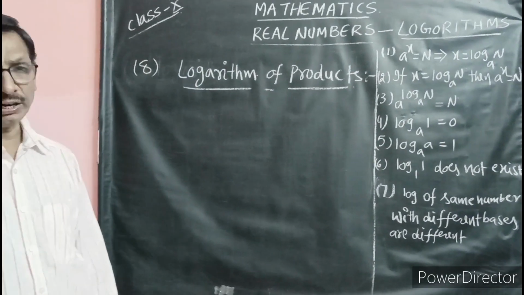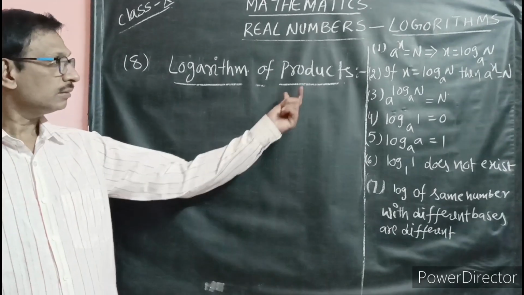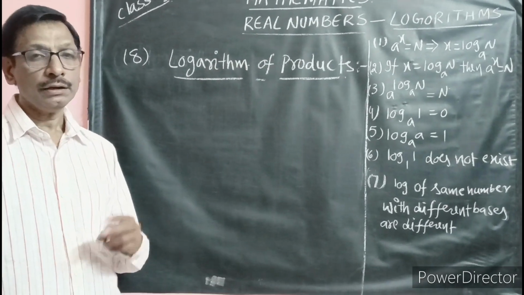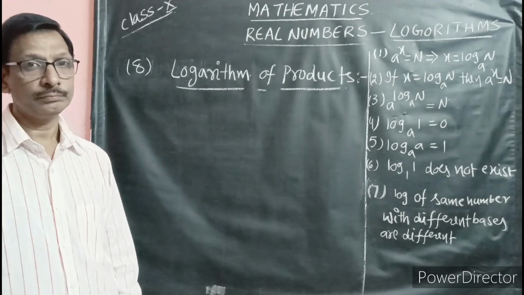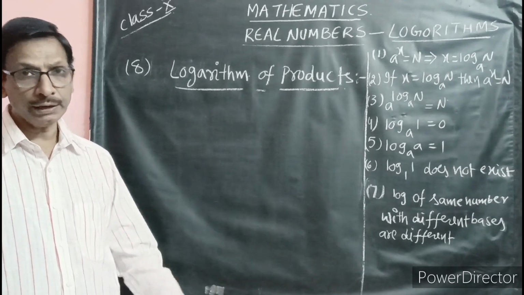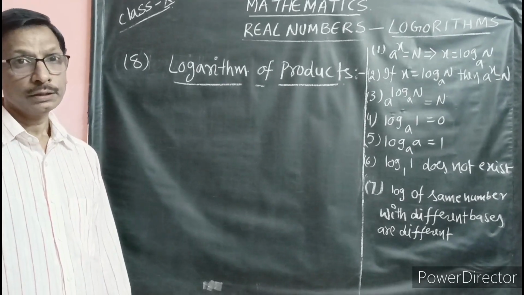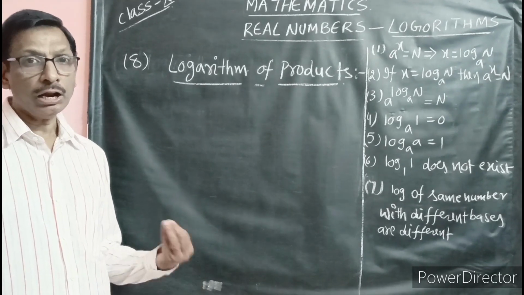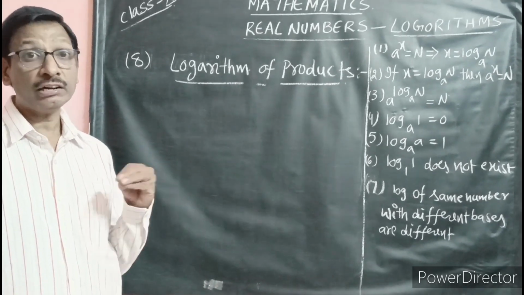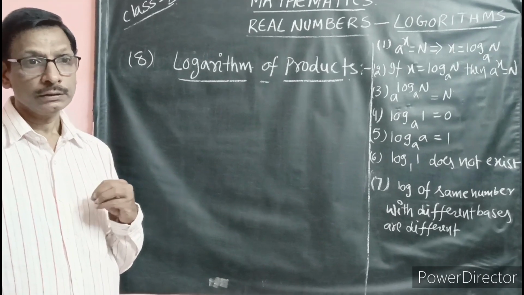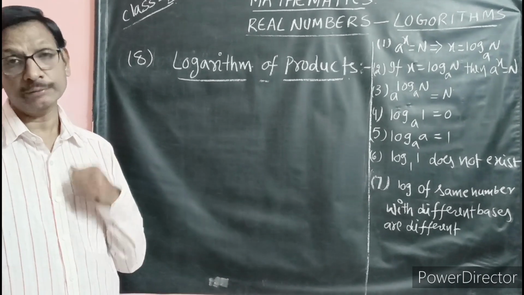Logarithm of products. Suppose you take any two numbers. The numbers are A and B in general. By applying the logarithm of the product of A and B, that becomes logarithm of AB.